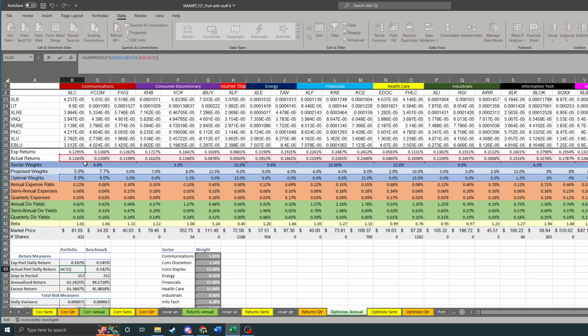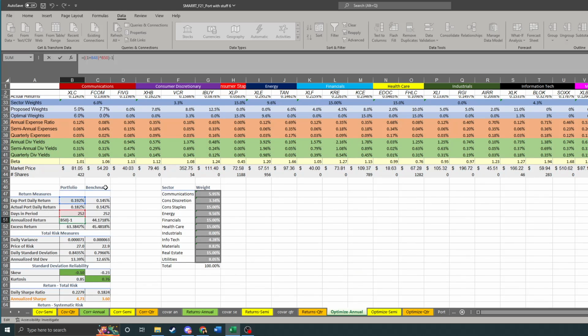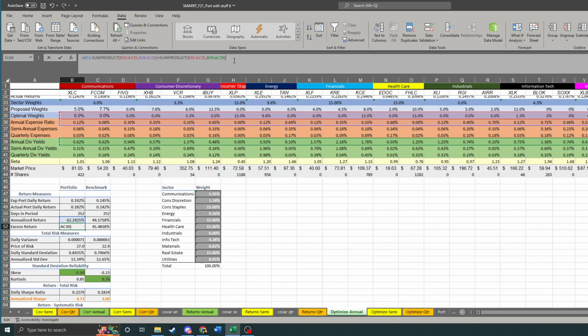So the difference between these is just one uses expected, one uses actual returns. Days and period is obvious. Annualized returns is just using this to the power of however many days there are. So basically, what's the expected daily return to the power of 252, and you compound that, and then you get your return. So ours would be 62%.